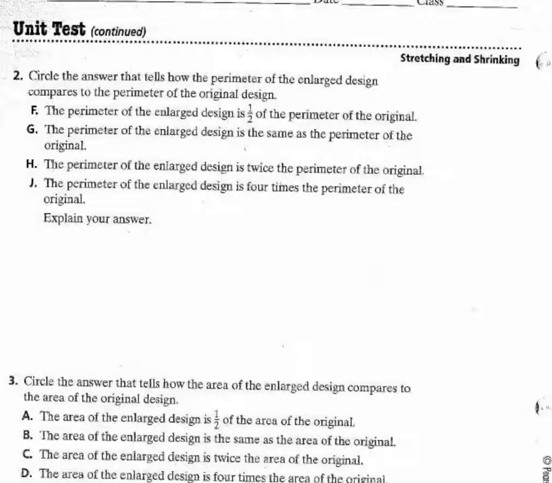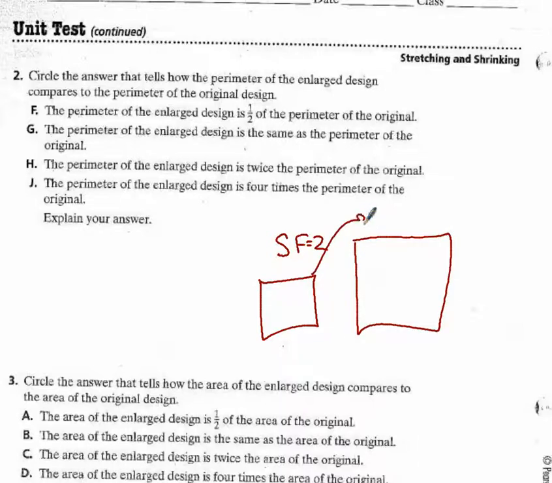Well, so if the scale factor is 2, that means that each side length is multiplied by 2. Therefore, this side is twice as long, this side is twice as long, twice as long, twice as long. That means each side will be twice as long, therefore the perimeter will also be twice as long as the original.